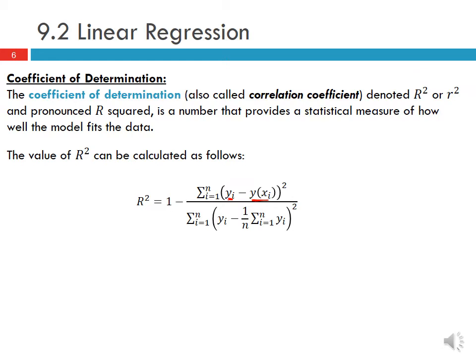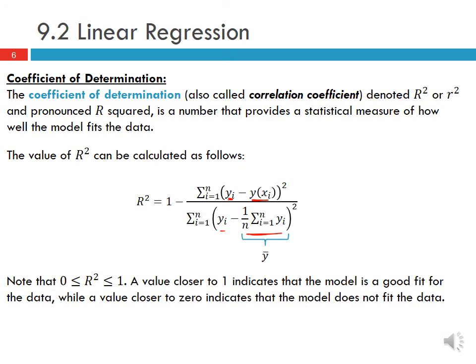This is sometimes called the residual sum of squares, divided by the sum of the actual data minus 1 over n times the sum of the data points, which is actually the average of all of the y values of all the data points, all squared. So 1 minus the residual sum of squares divided by the total sum of squares.